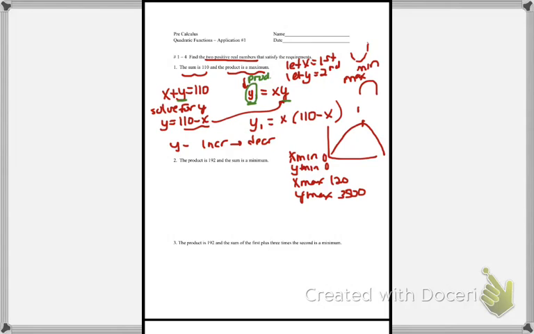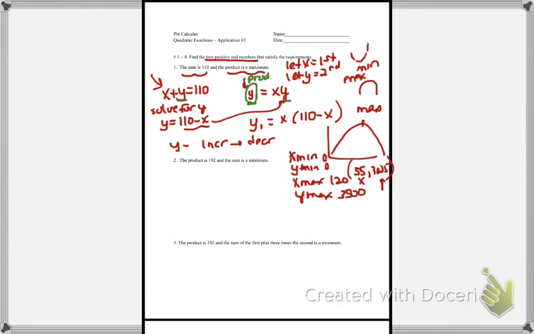Then you calculate your maximum, and you come out with the maximum point after you do your calculation of 55, 3,025. This 55 is your x from your original equation.